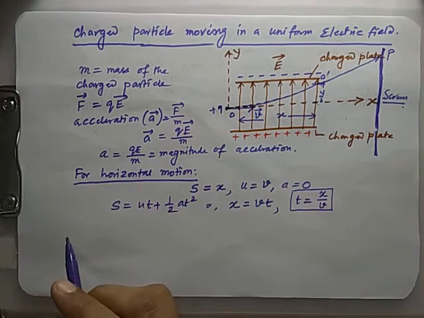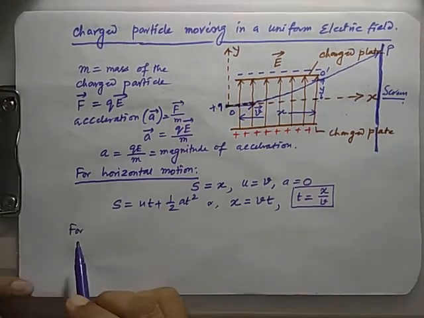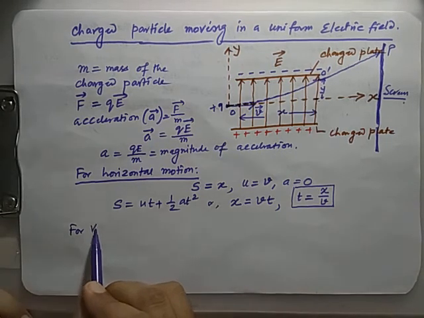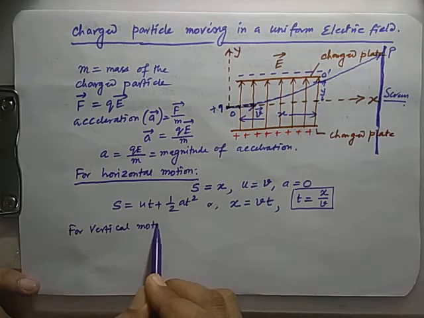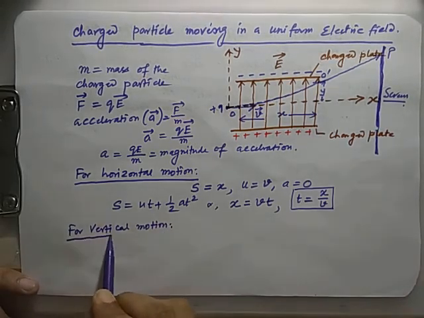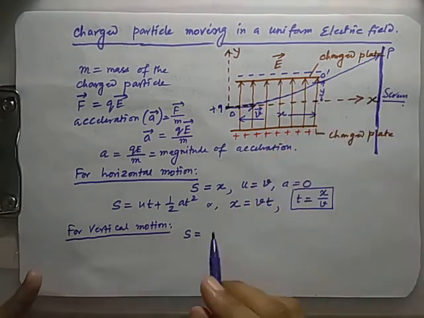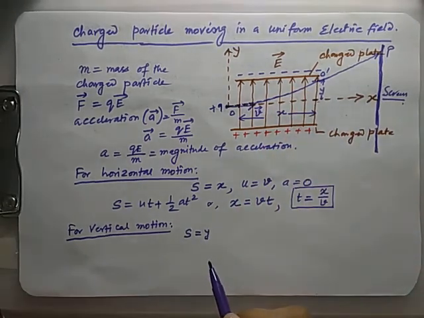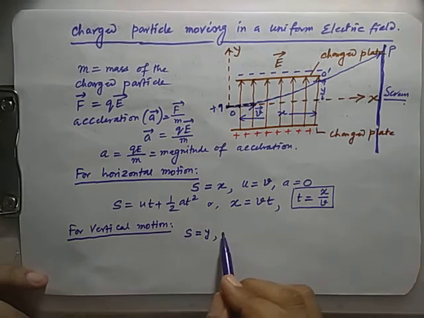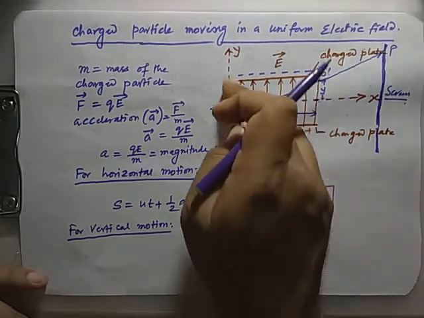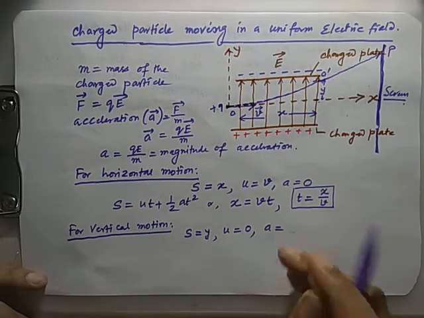And we will now discuss the vertical motion. For vertical motion, S is equal to y. Then u is equal to 0, because there is no vertical velocity, and a is equal to qe by m, since the acceleration is there in the vertical direction.